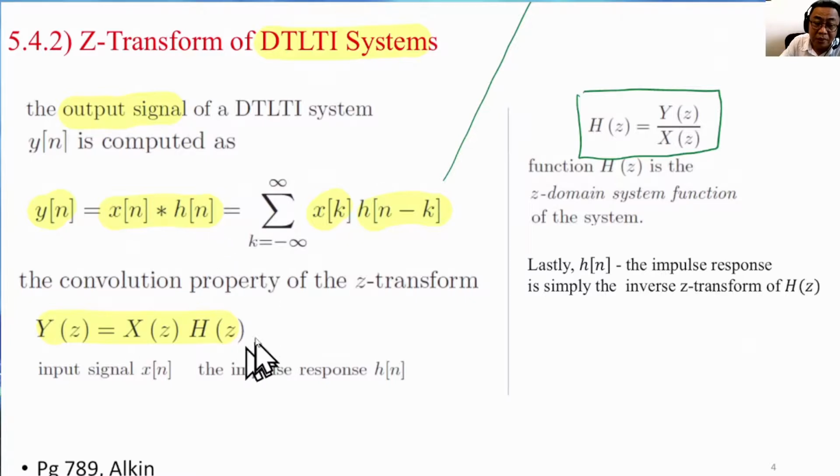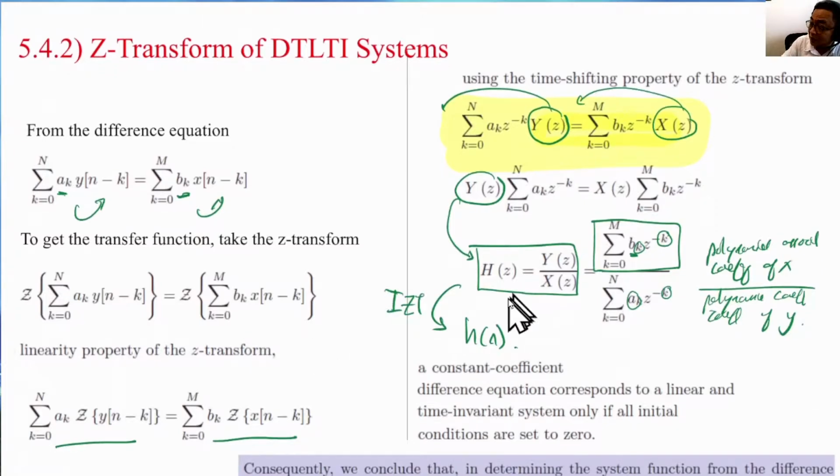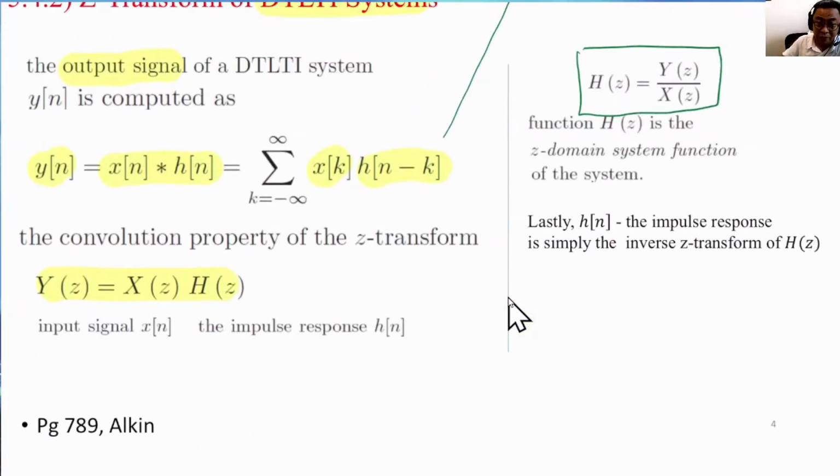But remember, we have already shown many times that multiplication is a much easier task than convolution. So if we have found H of z here, then we are going to multiply by the Z transform of x of n, which is X of z, to get Y of z. Once we have Y of z, then the idea is simple. To get back into time, we do the inverse Z transform to get y of n.